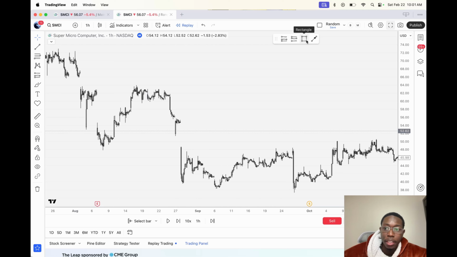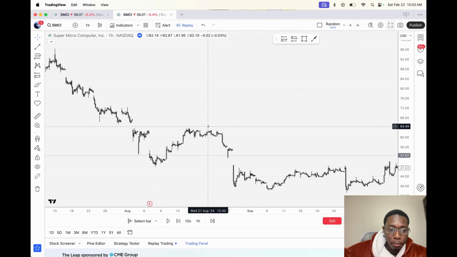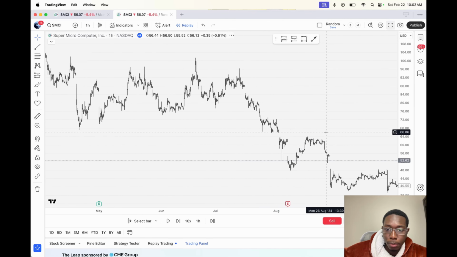That's why you see in options certain areas, especially whole number areas or incremental areas, like increments of 5 and 10, let's say 65, 70, 75. You will see that price has routinely come into that area and bounced off that area multiple times.